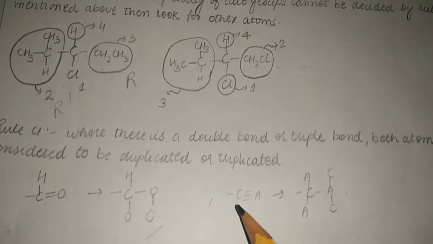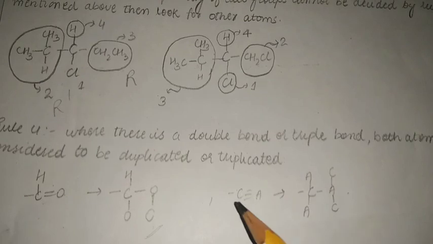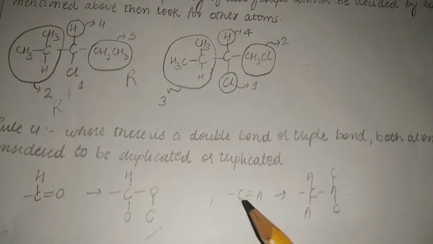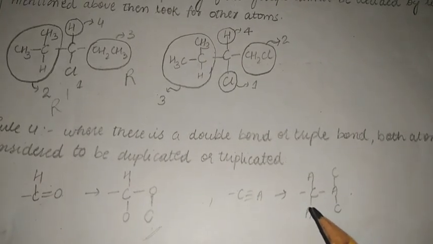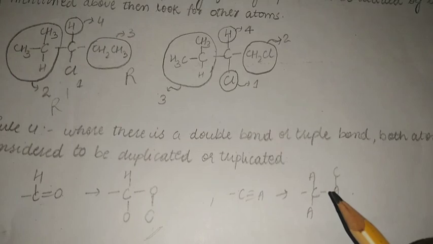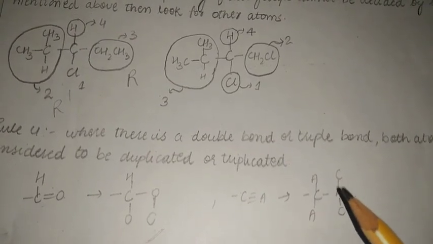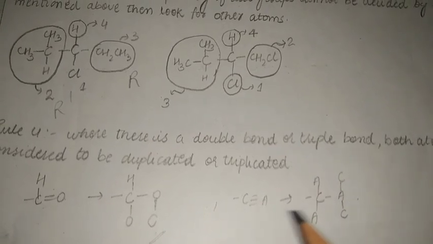And now when we take the triple bond one, we can see it's written like this, C dash, then it is attached to A, then A, then we have it attached to A, then the A is linked to carbon and carbon.